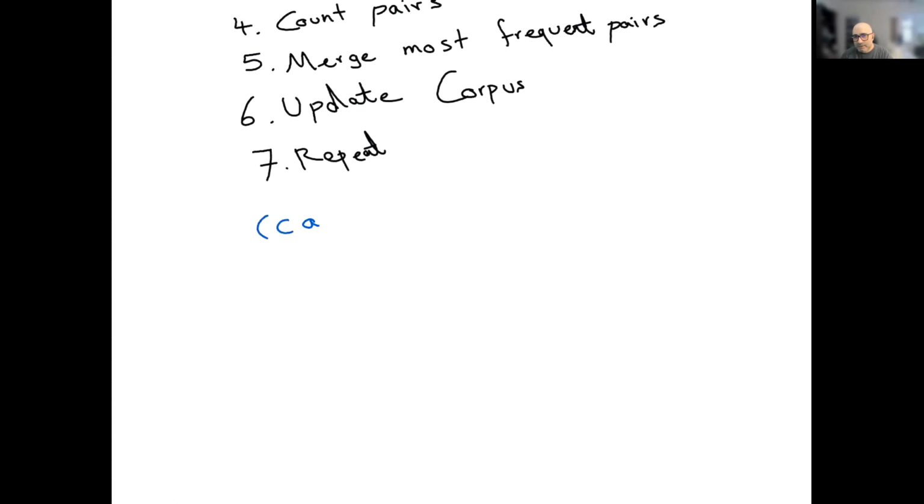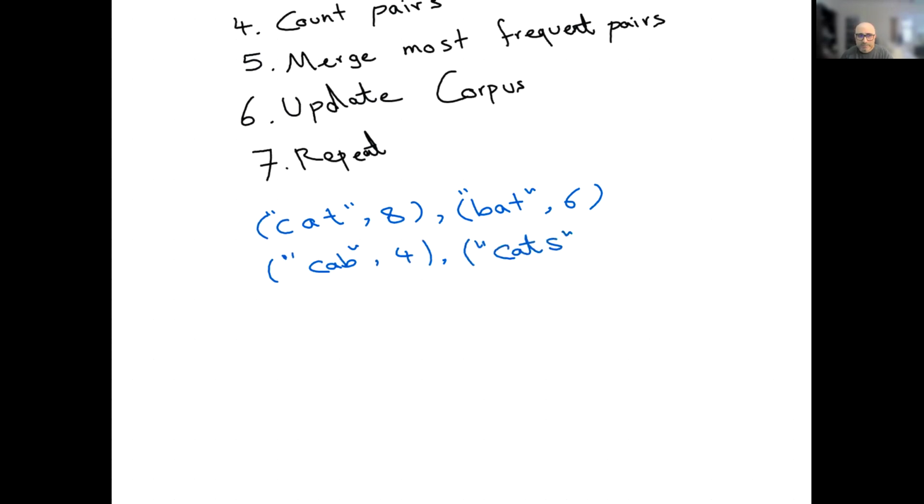You have cat, which happens 8 times. You have bat, which happens 6 times. You have cab, which happens 4 times, and you have cats, which happens 3 times. So this is our corpus.